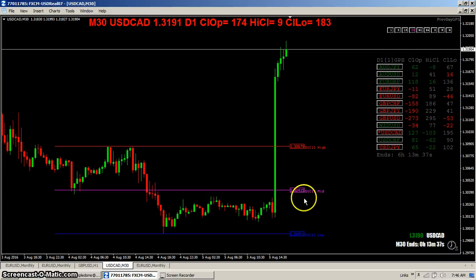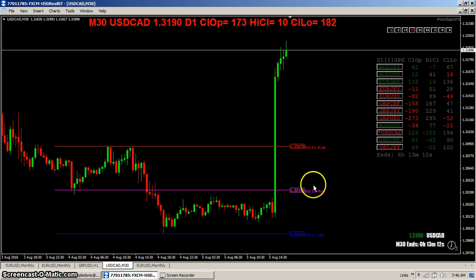It opened here, so it was between here and here. So this is the short, this is the long. If you missed this one, you could have always gone in here. Or actually, as soon as it hits there, you could just jump in the trade and go for the ride. So that's one way of trading the NFP, is using yesterday's high, mid, and low.